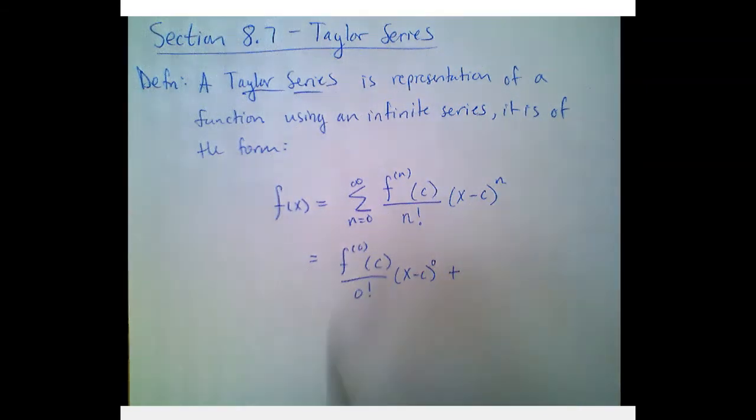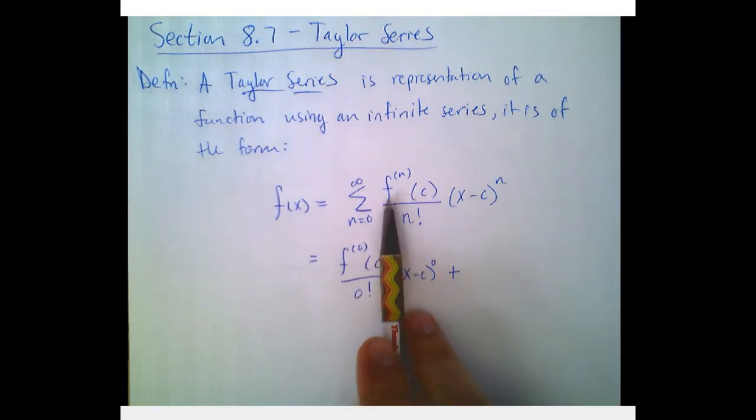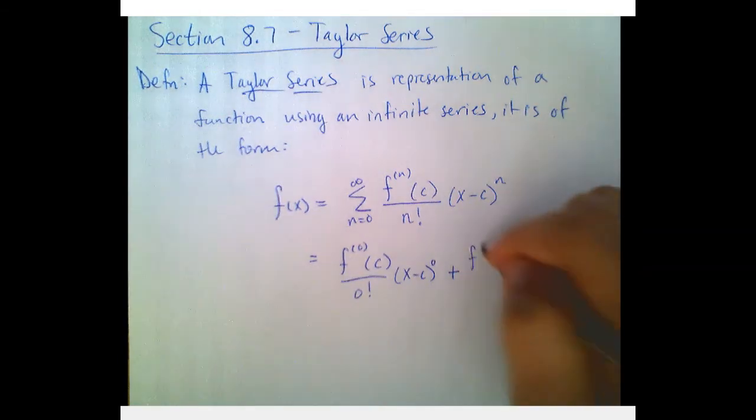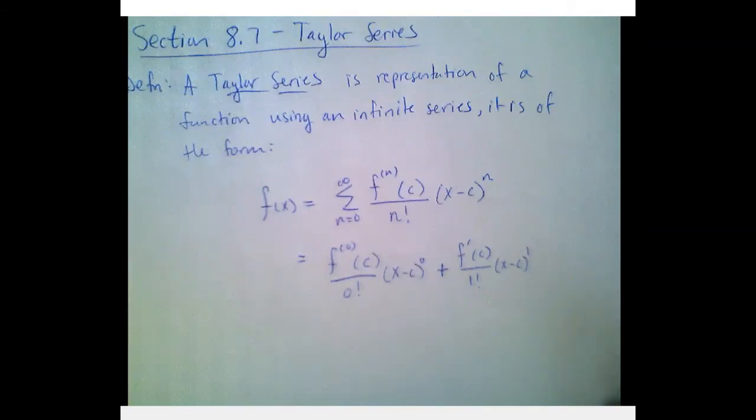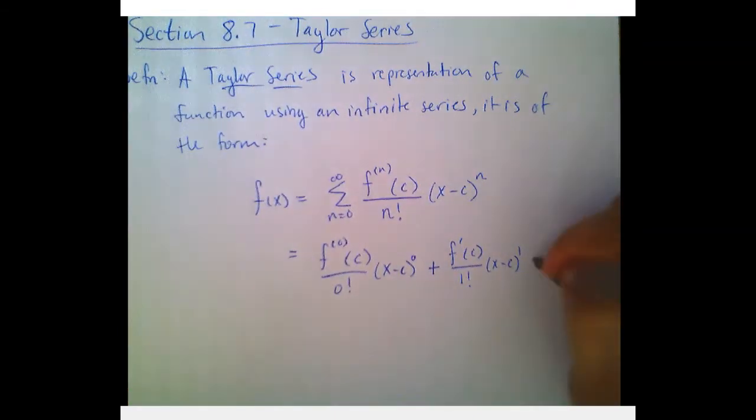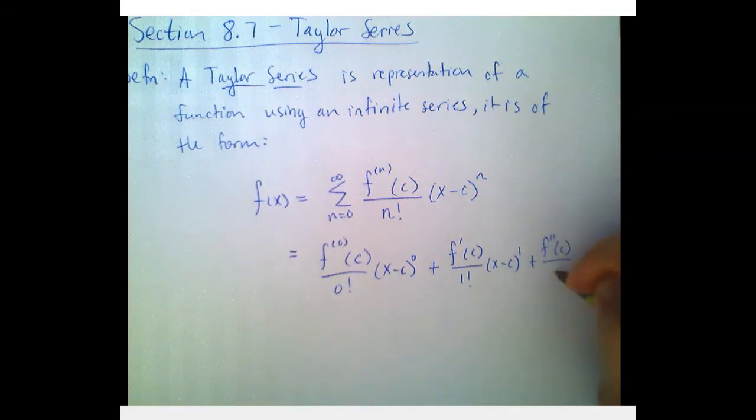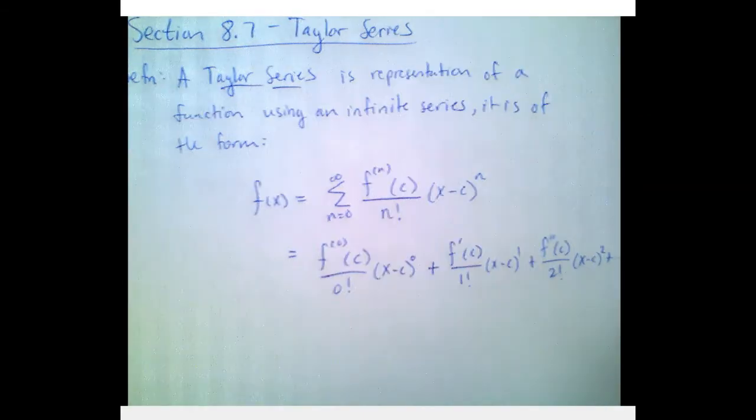Plus, when n is 1, we would get the first derivative of f, so f prime at c over 1 factorial times x minus c to the first power. The next term would be the second derivative at c over 2 factorial times x minus c squared, and so on. Okay?